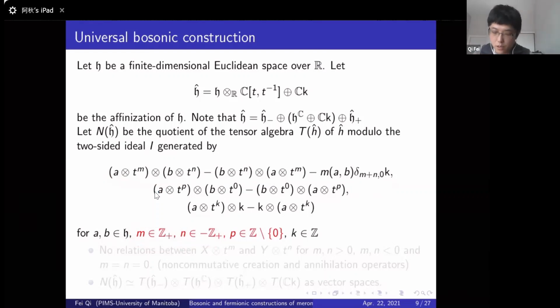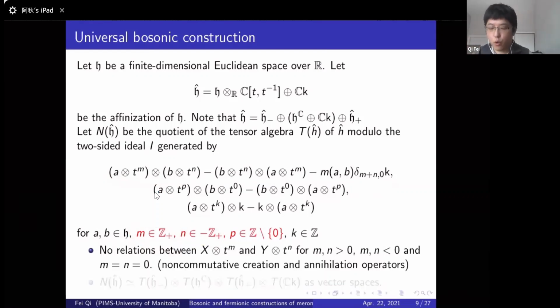So basically speaking, this is saying that we are not requiring any relations between x tensor t^m and y tensor t^n when m and n are both positive, when m and n are both negative, and when m and n are both 0. So for these, we are not requiring any relation. They are simply free. In the second part, we are only requiring p to be non-zero. So when p equals 0, again, there's no relation.